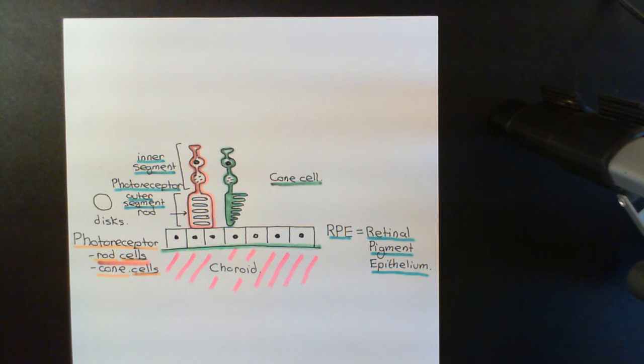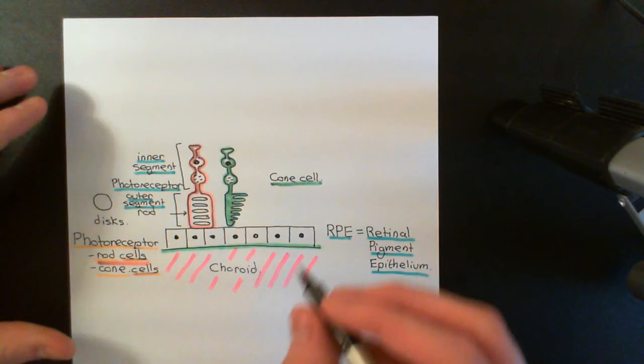You wouldn't be able to tell the difference between different colours of light. Okay? Whereas the cone cells, they are important for you having colour vision, and in order for this to work you have to have multiple different types of cone cells which have differing sensitivities to light of different colours.